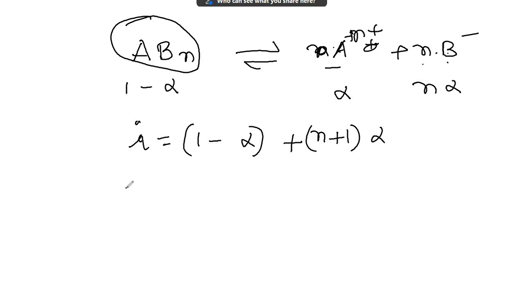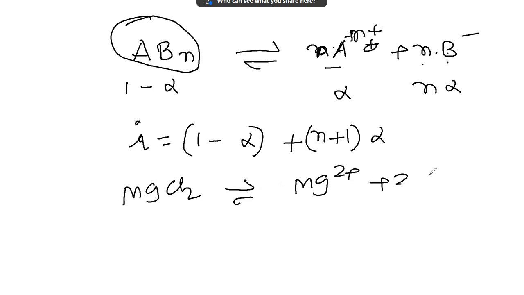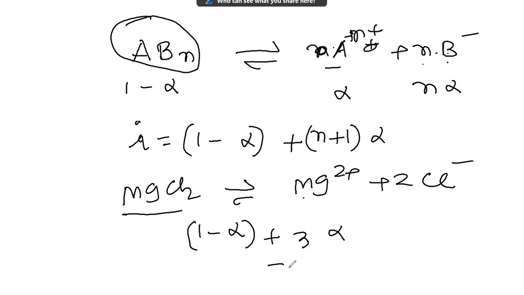Suppose MgCl2 breaks up this way: Mg2+ and 2Cl−. If it doesn't break up completely, 1 mole gives 1 plus 2, 3 moles of ions. So write 1 minus alpha, where alpha is the degree of dissociation, plus the total number of mole ions, 3 into alpha. So the total becomes 1 plus 2 alpha.